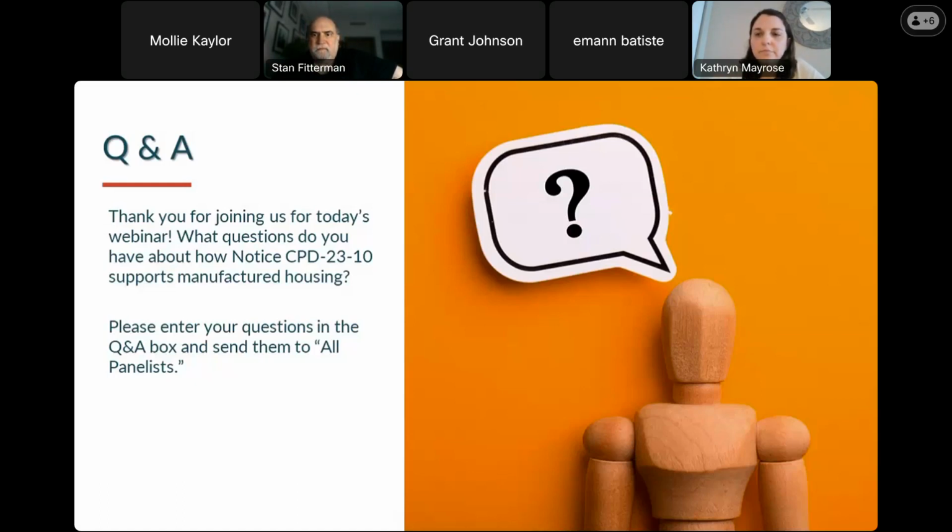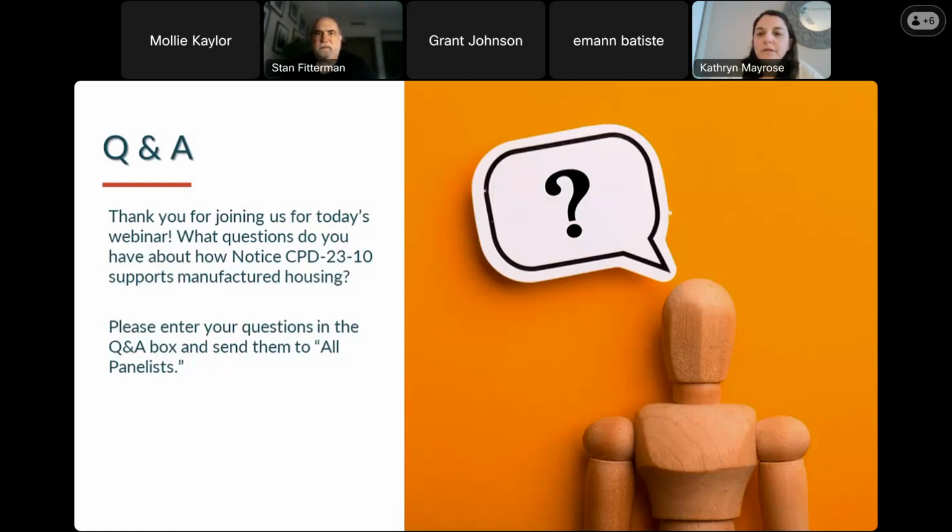Just a clarification question: when we're talking about acquisition of manufactured housing, are we only meaning acquisition from a manufactured housing producer, so new manufactured housing units, or can that also include manufactured housing that exists and meets current code requirements?